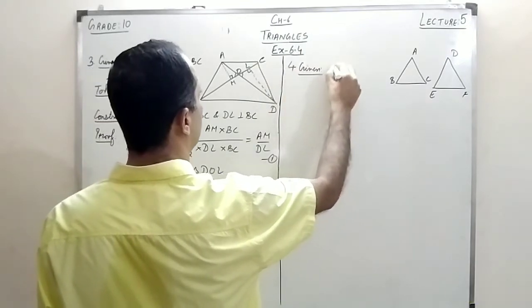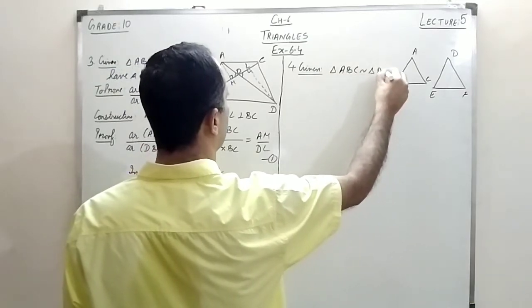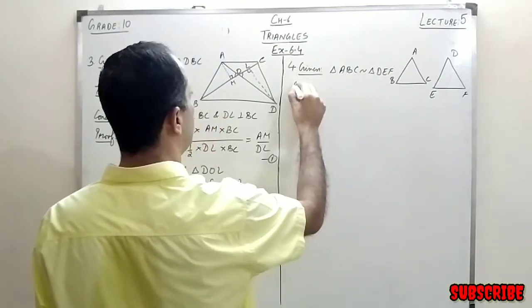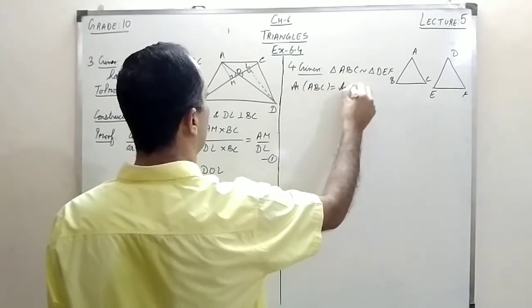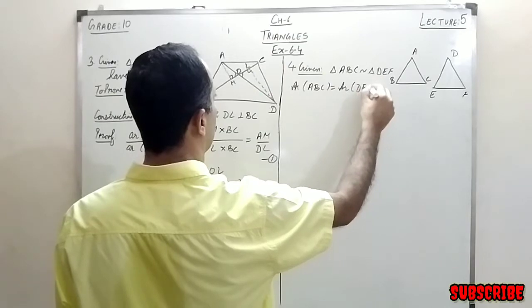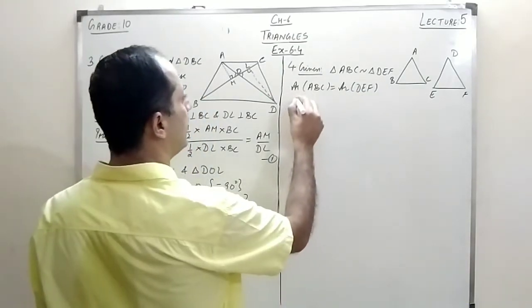The first thing given is that triangle ABC is similar to triangle DEF. The second thing given is that area of ABC is equal to area of DEF. Now, what I have to prove is that the triangles are congruent.